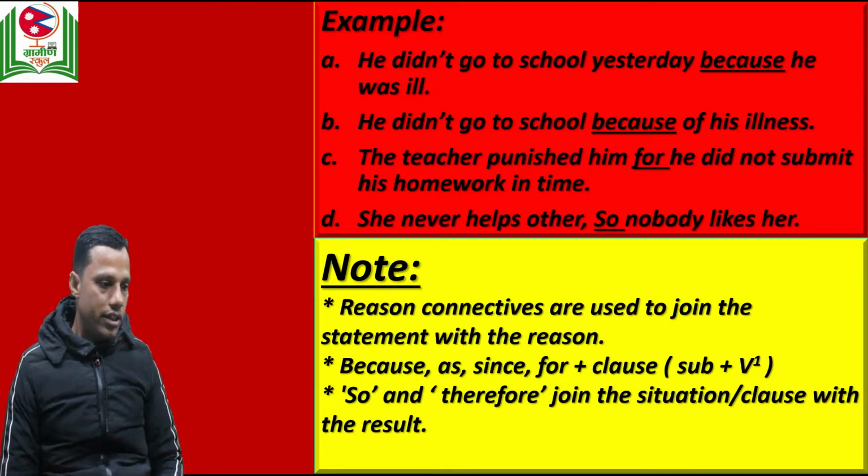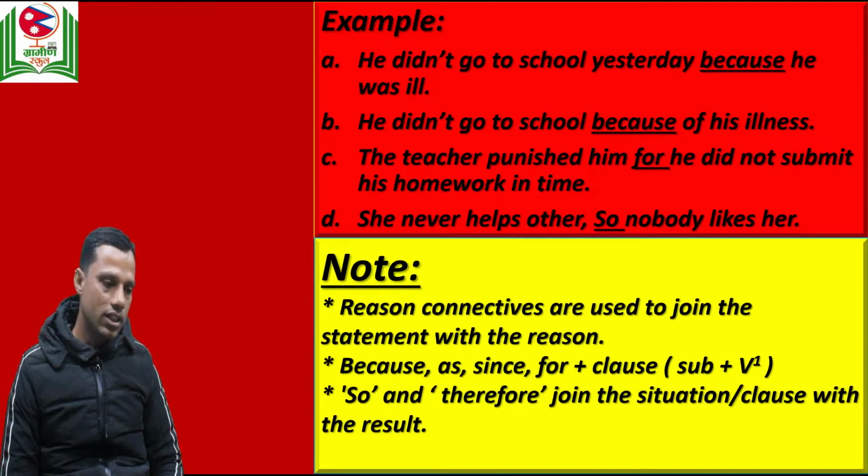So here I have some points under note, to be noted. Let's see the first point. Reason connectives are used to join the statement with the reason, as I already said. Number B, next point we have because, as, since, for plus clause. It means because, as, since, for, they are followed by a clause.